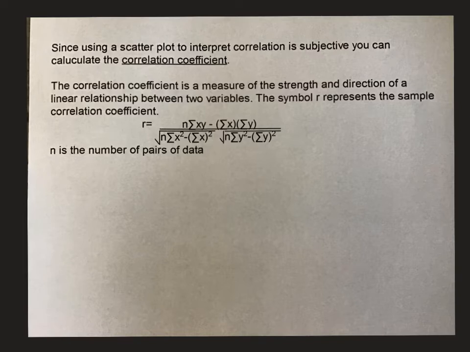And now in our denominator, we have 2 square roots. So be careful when you're putting that into your calculator, because the first square root is n times the sum of x squared minus the sum of x all squared, times the square root of n times the sum of y squared minus the sum of y all squared.